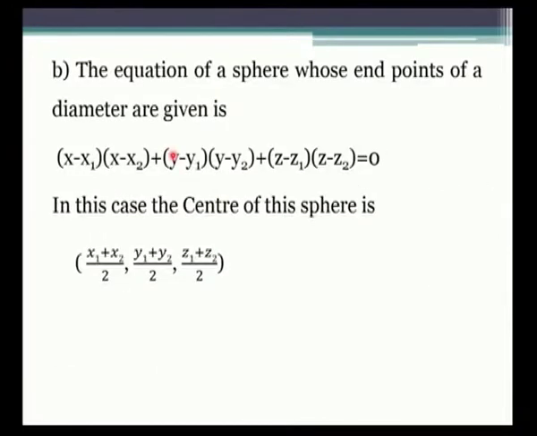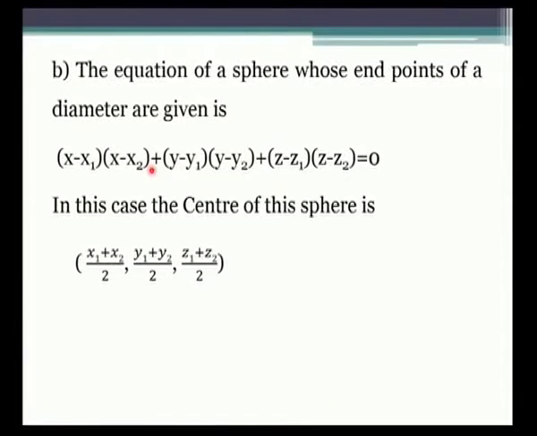Then the next case is the equation of a sphere whose end points of a diameter are given. So, you can assume any diameter of the sphere. The end points of the diameter of the sphere are (x1, y1, z1) and (x2, y2, z2).